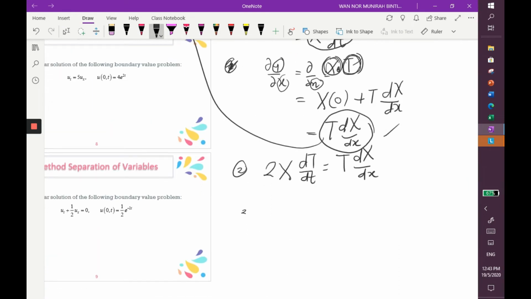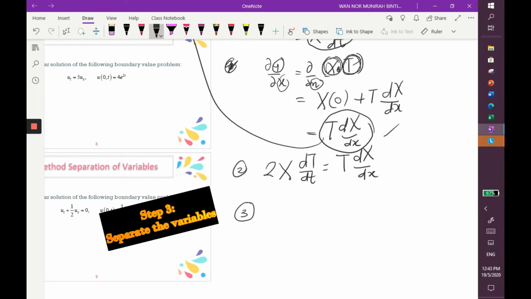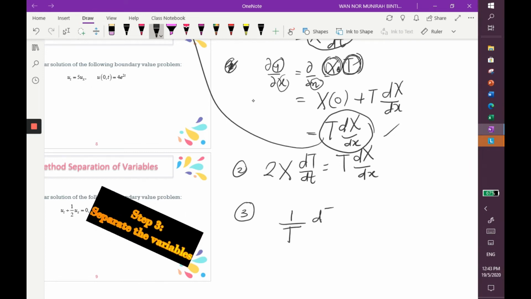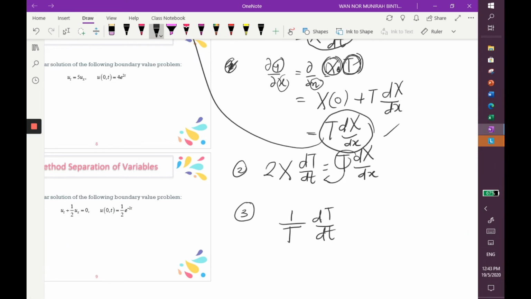The third step, since the name of this method is separation of variables method, we want to separate the variables in order to get the solution. So try to separate the variables. I want to remain t on my left, so that I have 1 over t dt dt. I bring this t to my left.